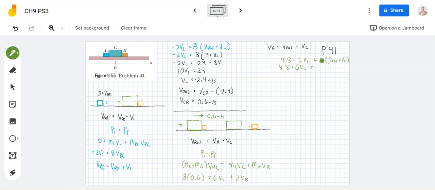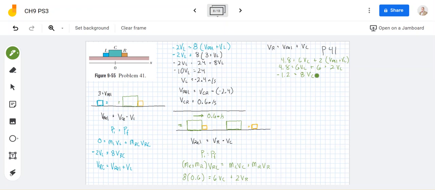The relative velocity is 3, 2 times 3 is 6, plus 2 times the velocity of the center. I'm going to combine like terms, so I subtract 6 from both sides. So 4.8 minus 6 is negative 1.2, which is equal to 8 times the velocity of the center.